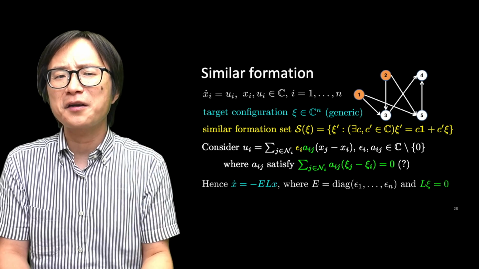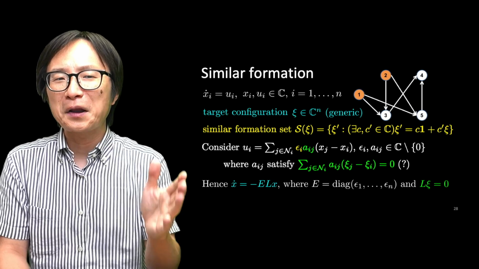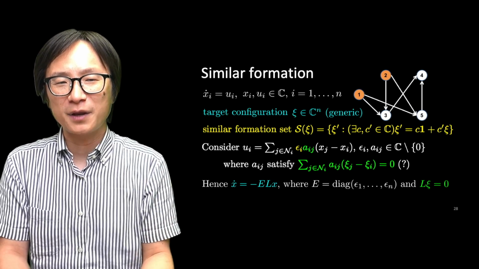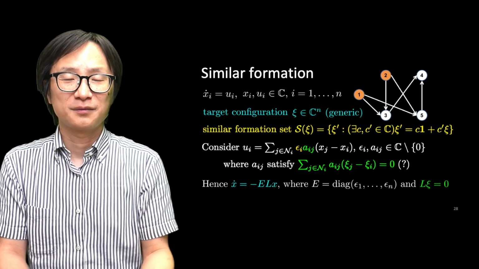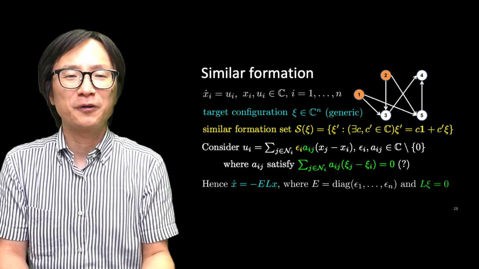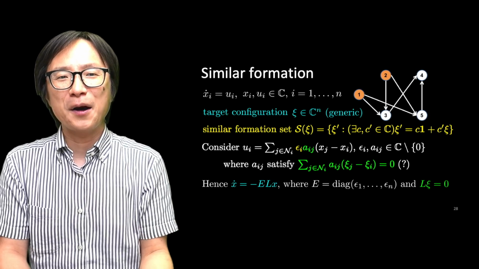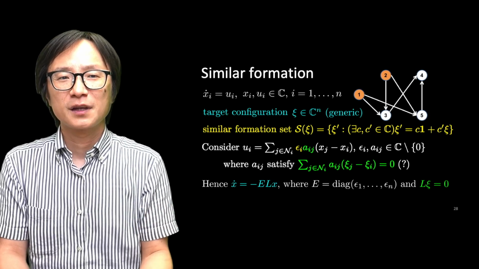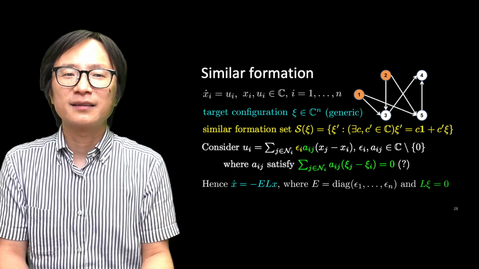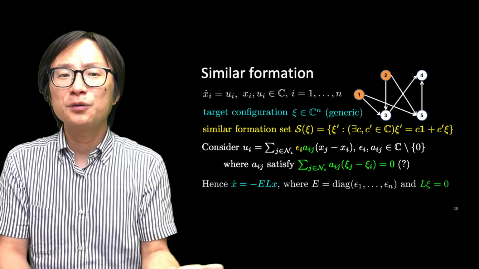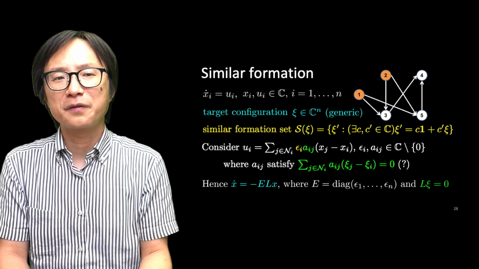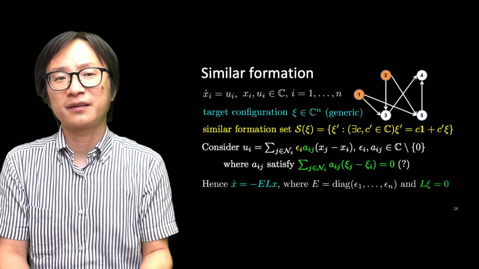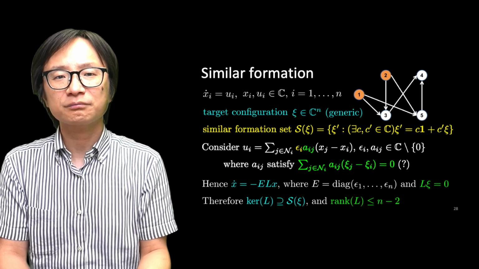We know there's another vector that at least lies in the kernel of the complex Laplacian. That is the one vector, because for any Laplacian matrix, the row sum is 0. So that means that there are at least two vectors inside the kernel of the complex Laplacian matrix.